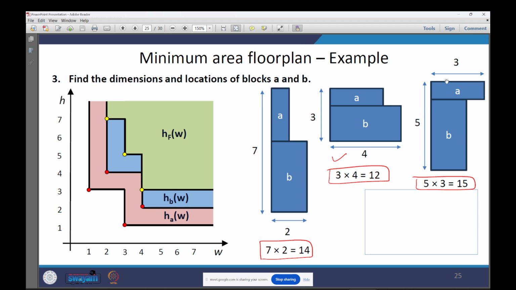So 5, 3. And another composition is 2 plus 1, which is 3. Similarly, you have another, 4 plus 3.